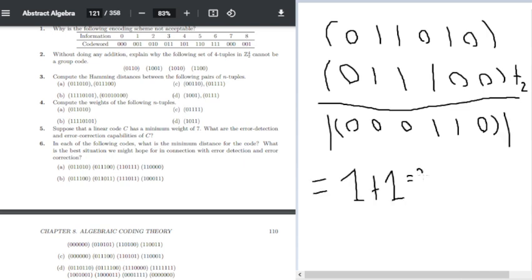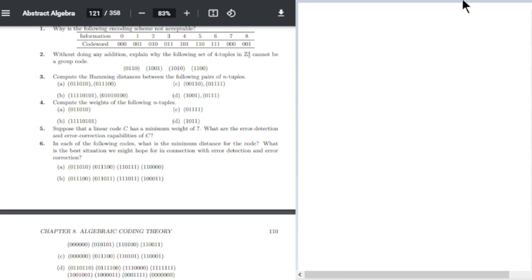So d of 0, 1, 1, 0, 1, 0 and 0, 1, 1, 1, 0, 0 equals 2. And then we just do that algorithm similarly for anything else.